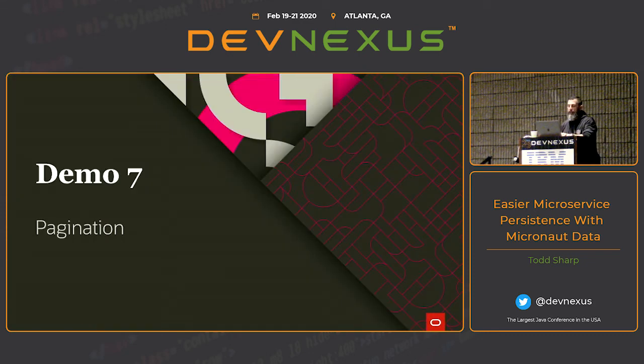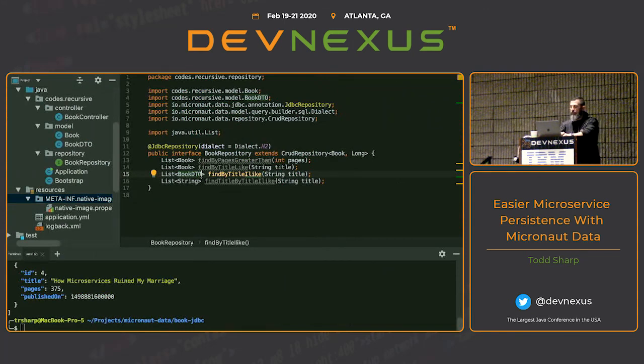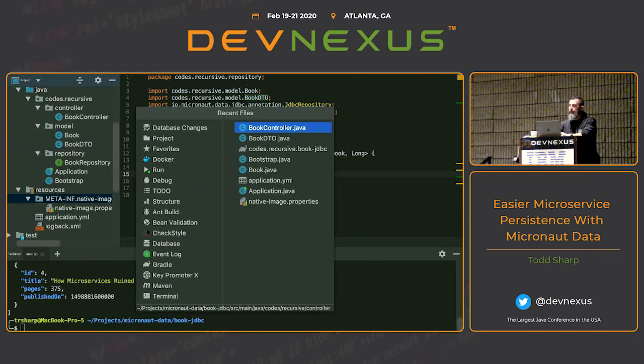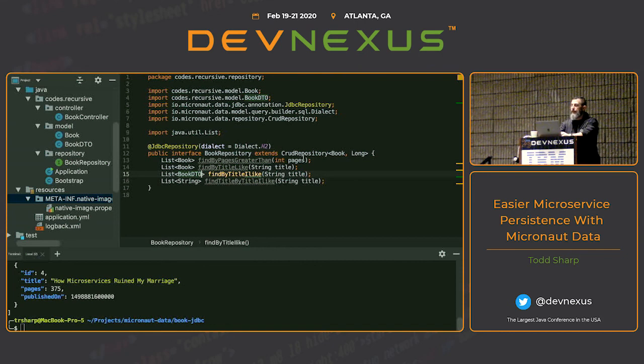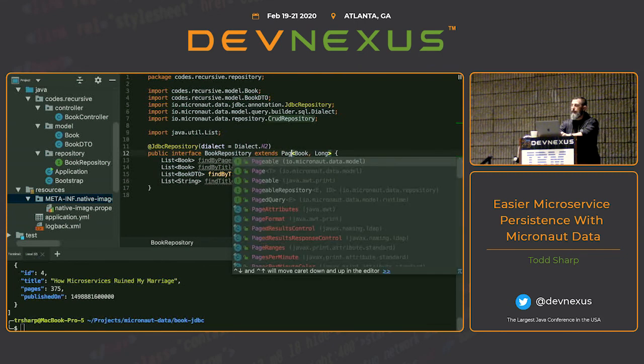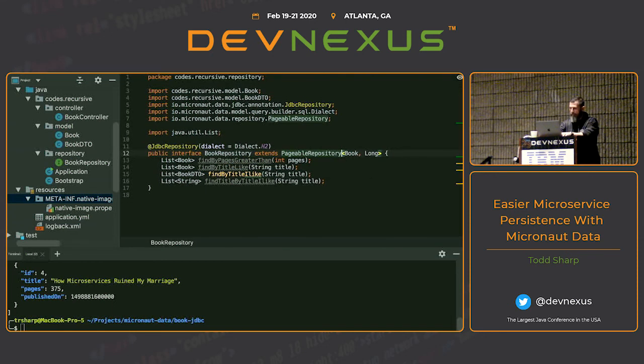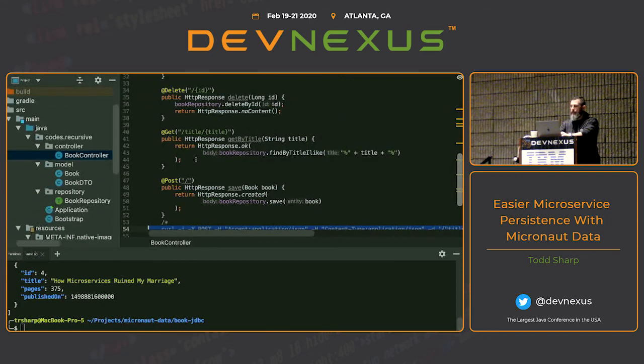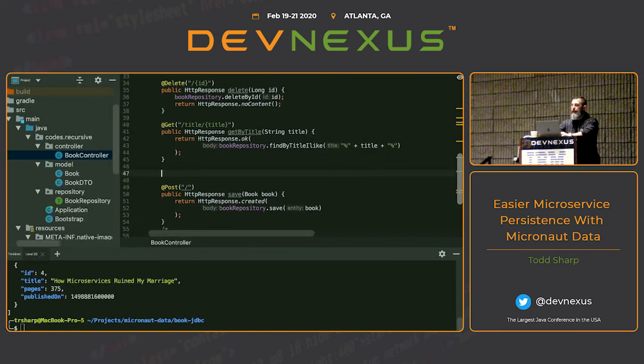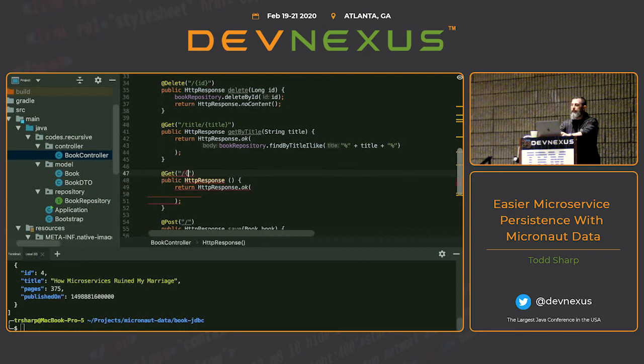Pagination. Let's talk about pagination. If we change our repository to a pageable repository, we can then come over to our controller and add another method really quickly.